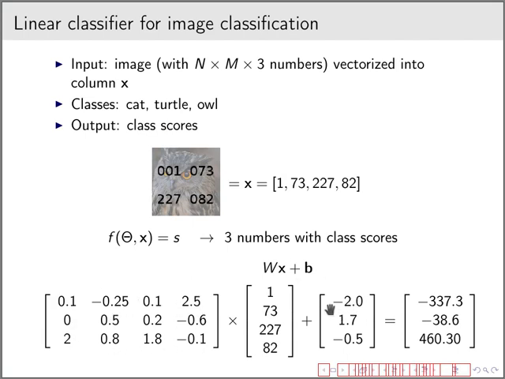So we have 15 different dimensions to compute. I forgot to mention that the dimensions depend on the number of classes and the input data. Because we have just 4 pixels and 3 classes, this matrix is 3 by 4, and the bias is 3 because we have 3 classes. So in this case we have 15 dimensions.